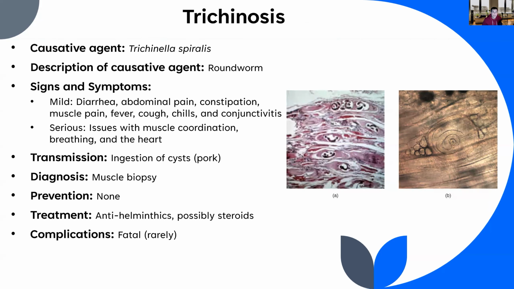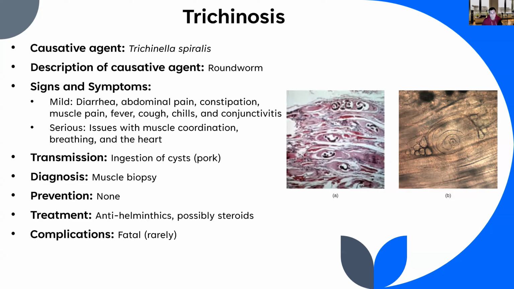Another roundworm that can cause an infection in the gastrointestinal tract is Trichinella spiralis. So signs and symptoms can range from mild to serious depending on the nature of the infection. Typically, you acquire these by ingesting the cysts, and those cysts are often located in the muscle meat of pigs. So this is why cooking your pork thoroughly is very important.